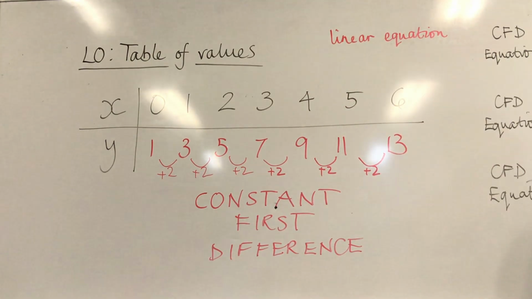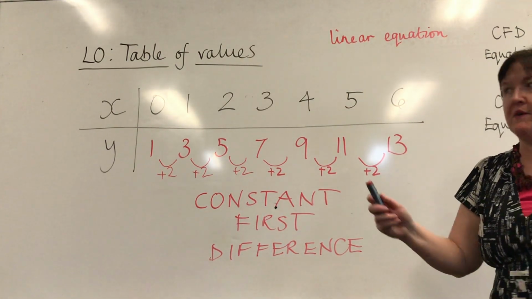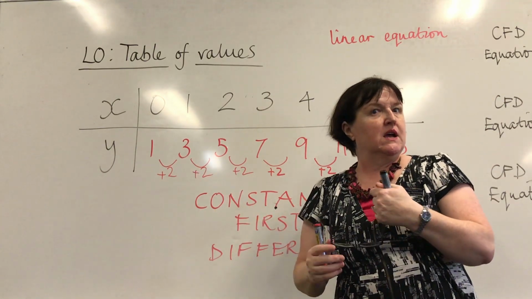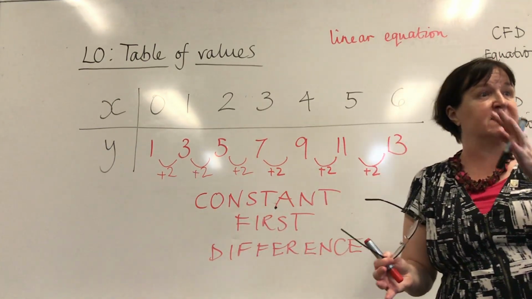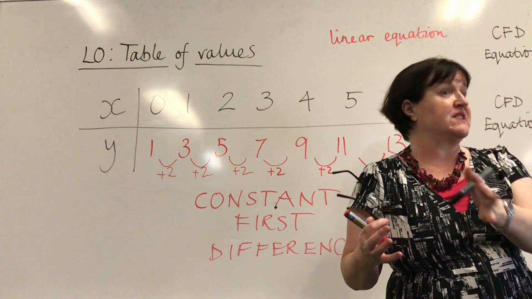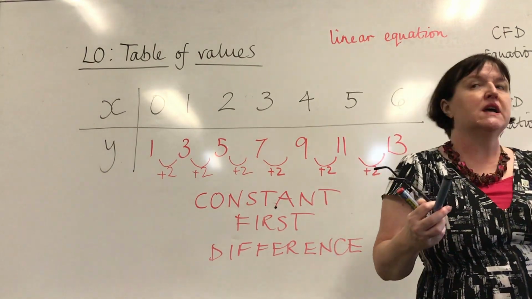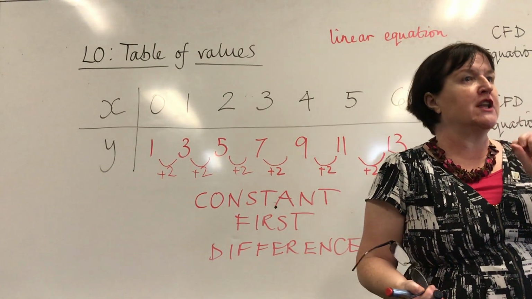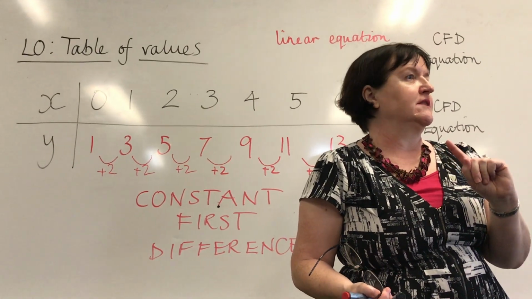If there is a constant first difference, so if the numbers in the y bit of the table go up by the same amount or go down by the same amount, it means that the line that you plot would be a straight line.